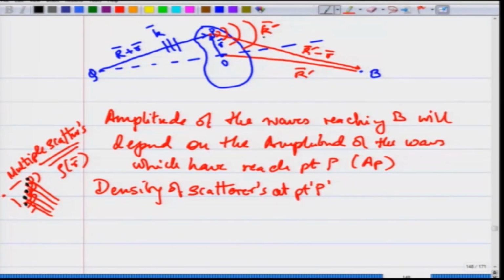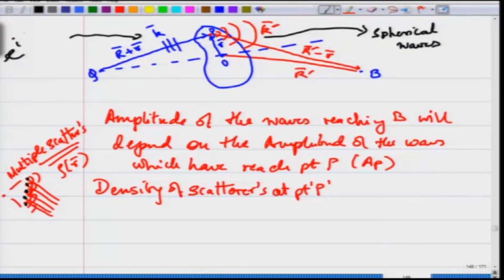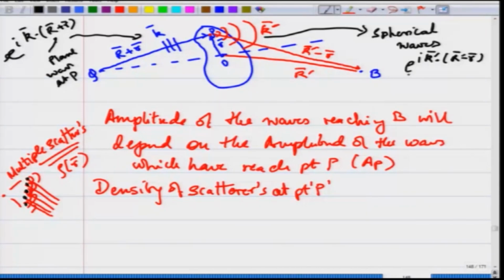And furthermore, since these are spherical waves, whereas plane waves have the form e raised to i k dot r, this is the point P. Of course, this is the plane wave which reaches point P. The spherical waves which are reaching point B have the form e raised to i k prime dot (r prime minus r) divided by the magnitude of r prime minus r.